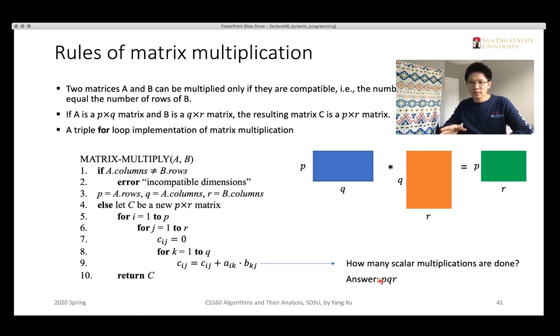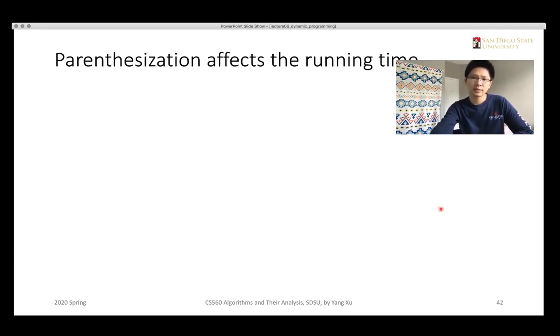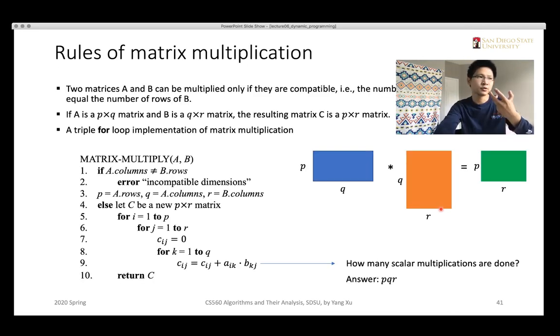That's the cost we need in order to compute A times B. These P, Q, R are totally defined by the sizes of the input matrices. So that's the rule for multiplying two matrices together.